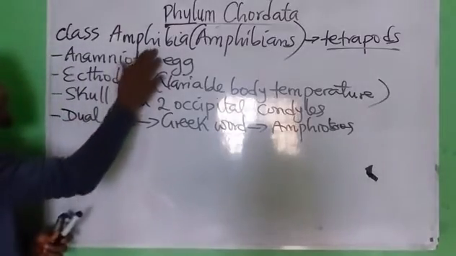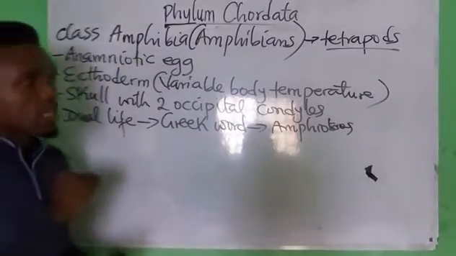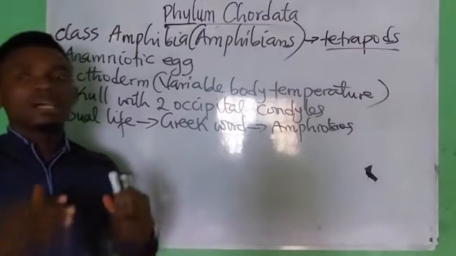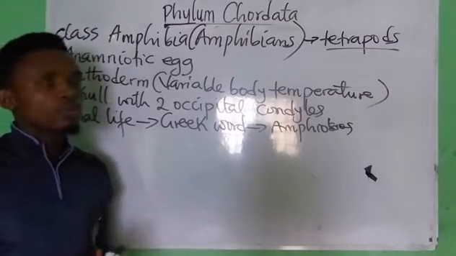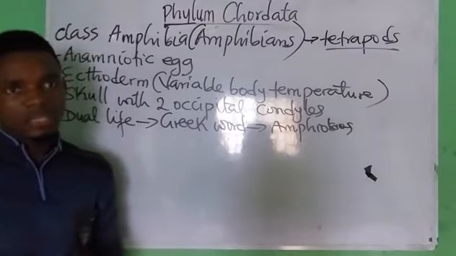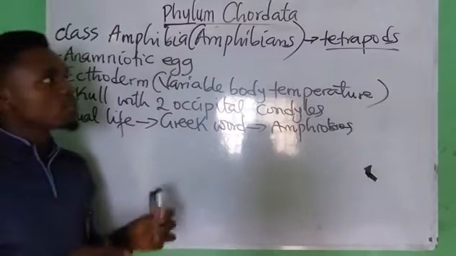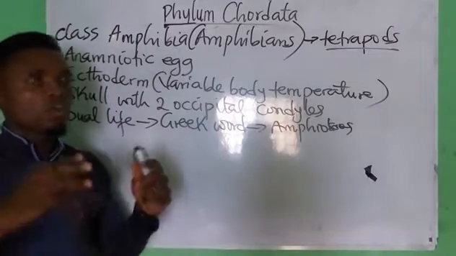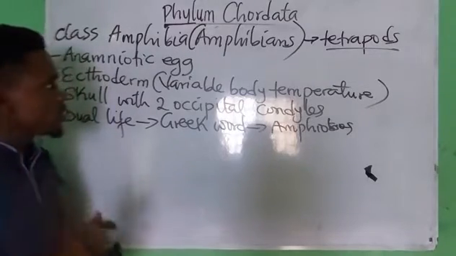However, some amphibians are entirely aquatic, some are entirely terrestrial, and some are both aquatic and terrestrial. Please take note that reproduction occurs mostly in aquatic environments.